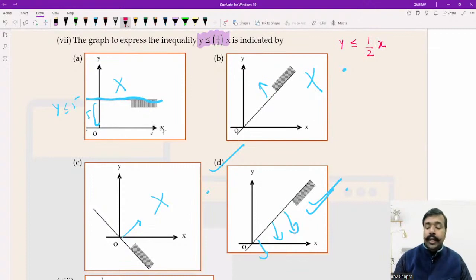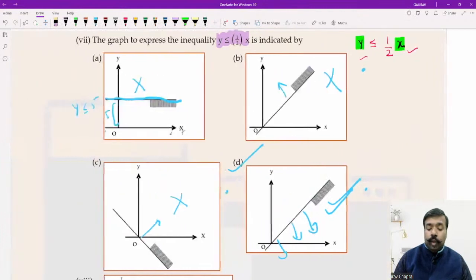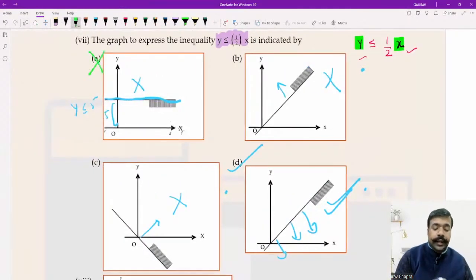Since it is 1 by 2 of x, the line cannot be horizontal, that is parallel to the x-axis, because when y is less than or equal to any single value, let's say 2, 3, 4, it will become horizontal. But when both the variables are given in the equation, the line cannot be horizontal. So that is why option number A is incorrect.